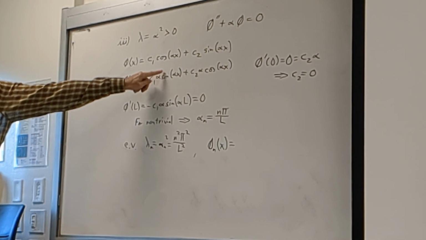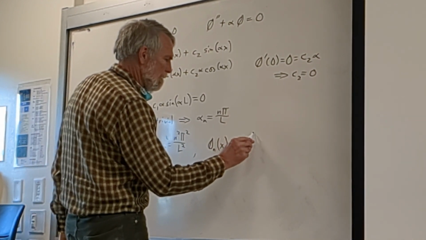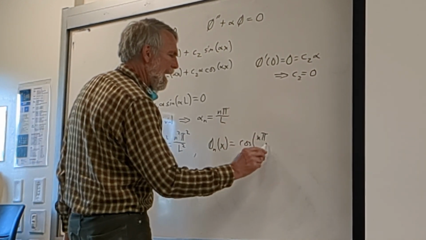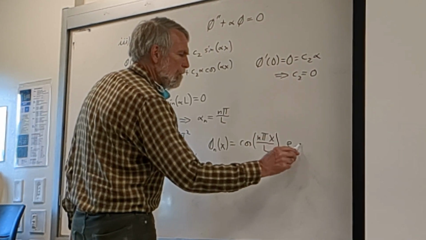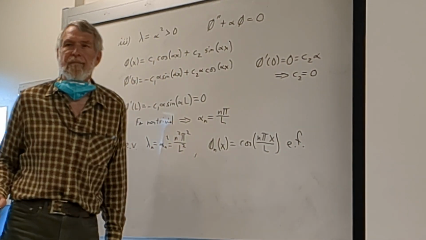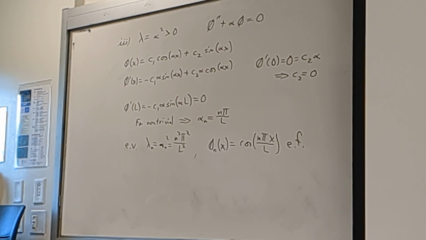All right? So then we get our eigenfunction. This gives us our cosine of n pi x over L. Those are our eigenfunctions. All right? Everybody okay with that?